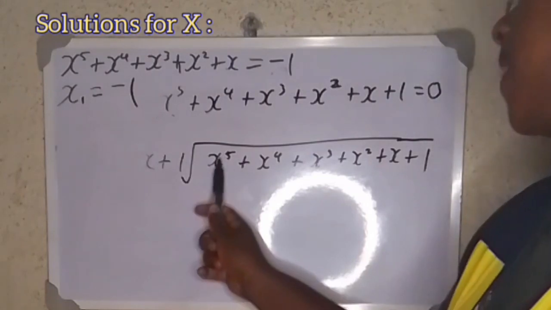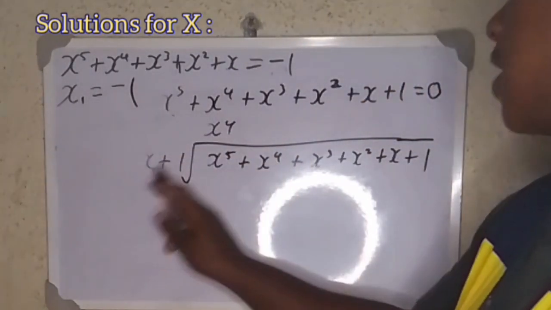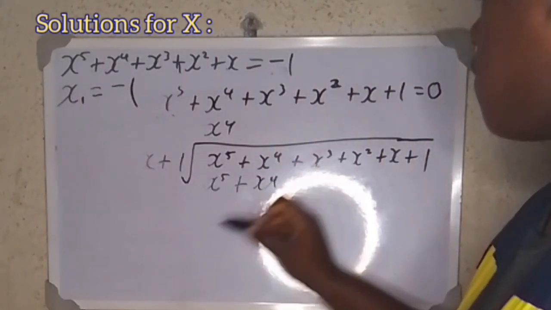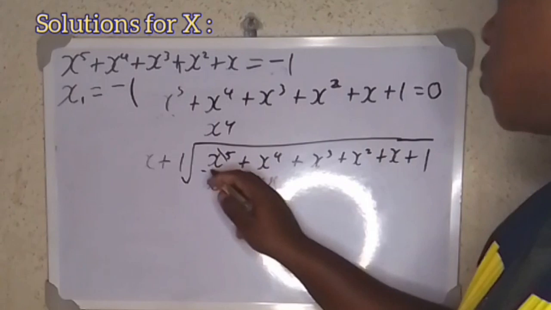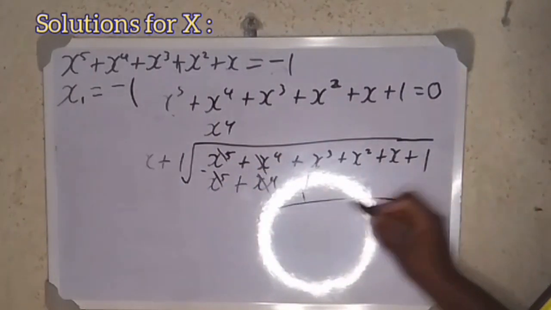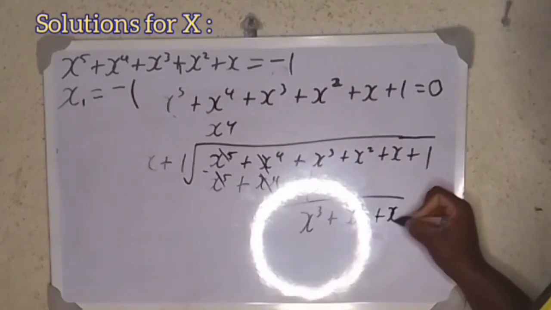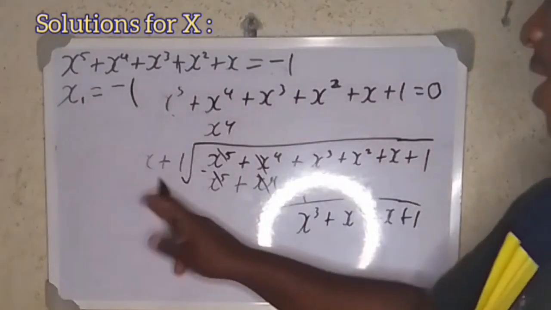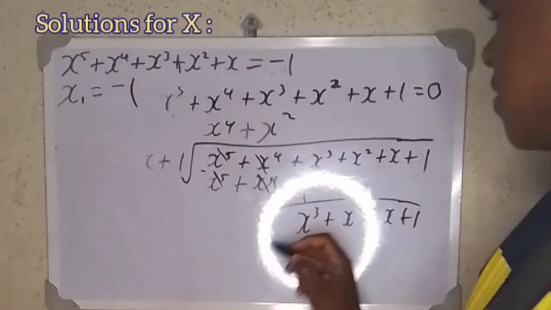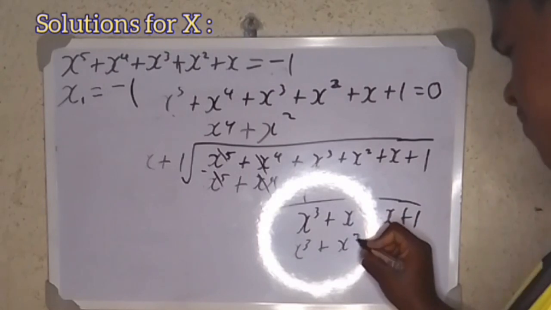x to the power of 5 divided by x, that's x to the power of 4. x to the power of 4 times all this, that's x to the power of 5 plus x to the power of 4. If you subtract that, this will cancel this and this will cancel this, leaving us with x to the power of 3 plus x to the power of 2 plus x plus 1. x to the power of 3 divided by x will leave us with x squared. x squared times x plus 1 will be x cubed plus x squared.